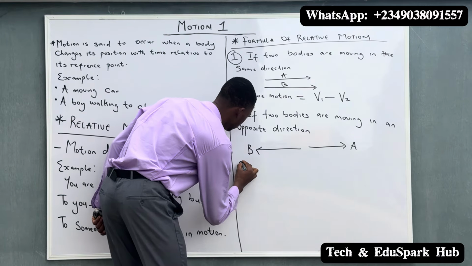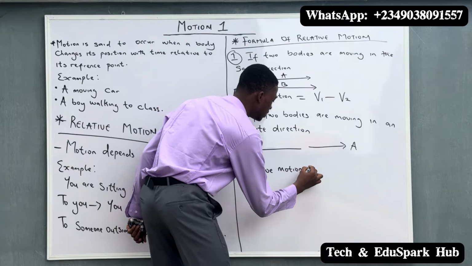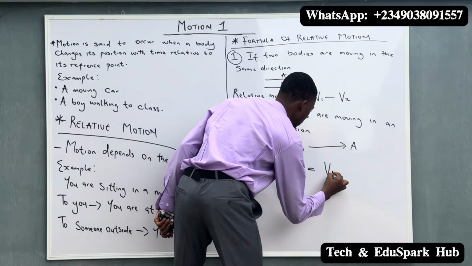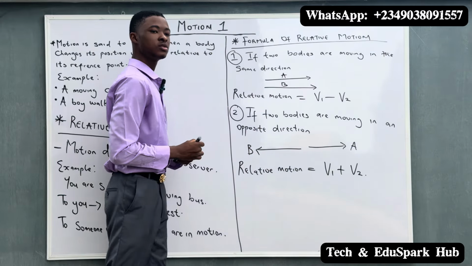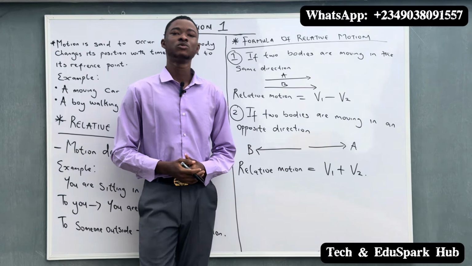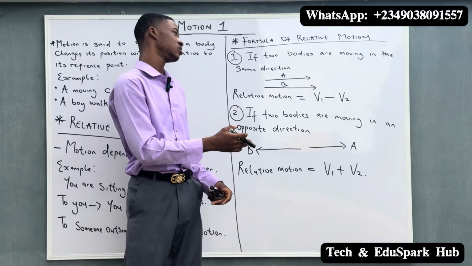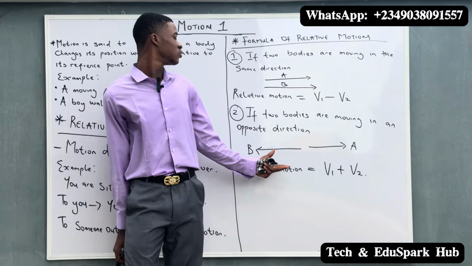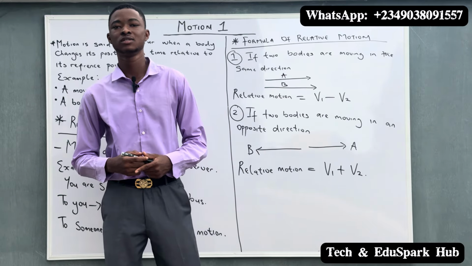So their relative motion will be given as V1 plus V2. So this is the formula for relative motion. You can see if two bodies are moving in the same direction, we will subtract, while if two bodies are moving in opposite direction, we will add the velocities together.